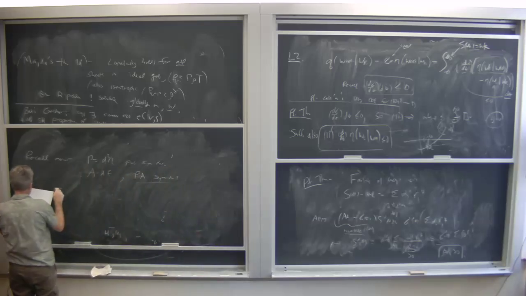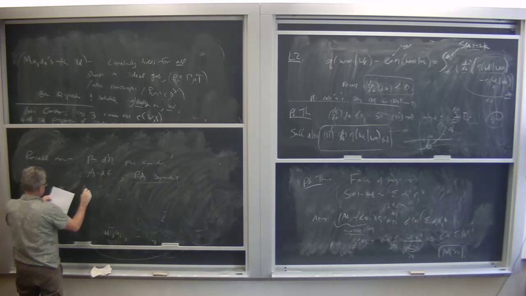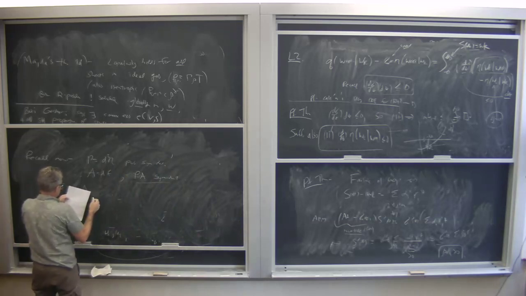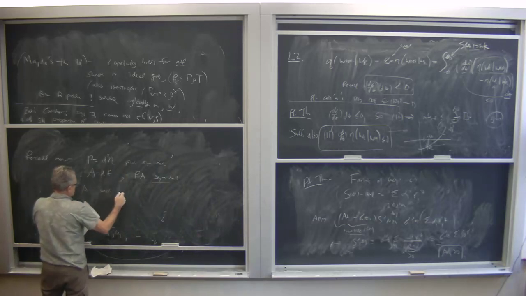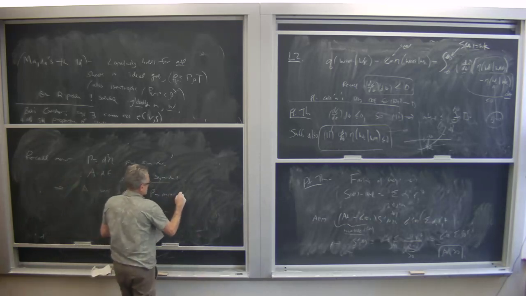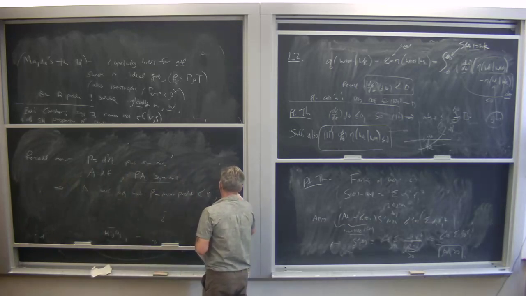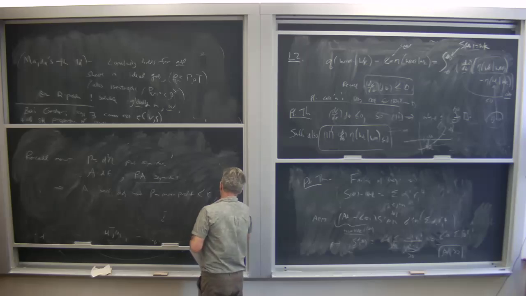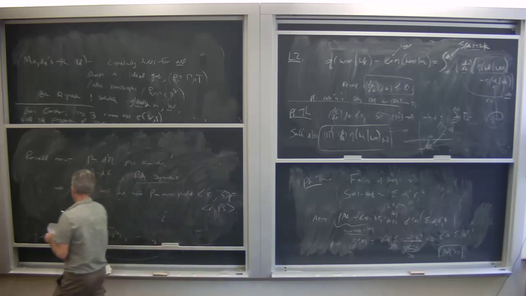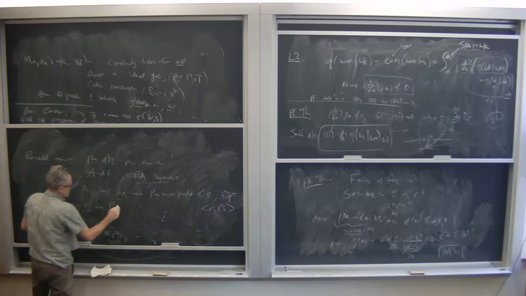So this means A is self-adjoint with respect to the P inner product. So the eigenvectors Rj are P orthogonal.